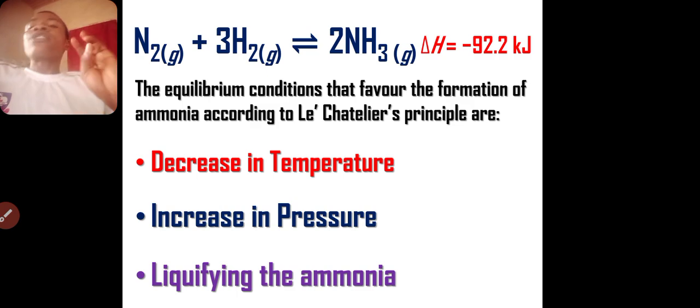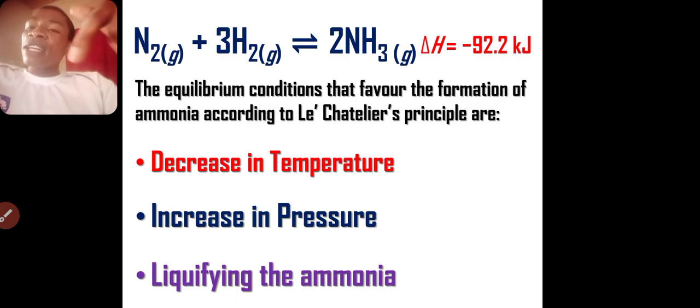The reaction is exothermic, which means it does not require so much heat. But if the heat is too little, the reaction will also be slow. So we have to find an intermediate between making the reaction fast and not allowing the ammonia to decompose back into nitrogen and hydrogen, because that is the reaction.